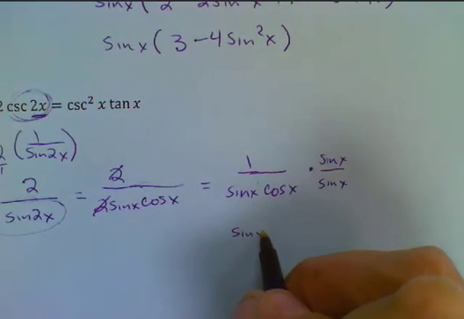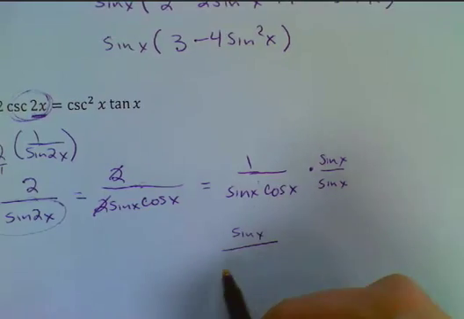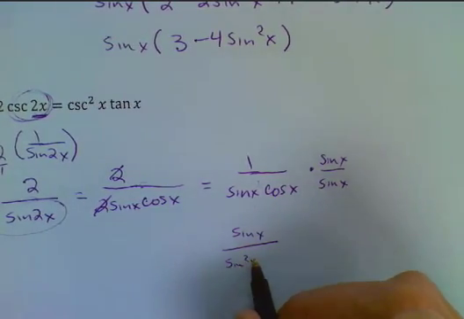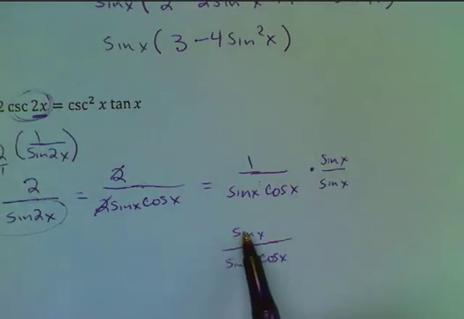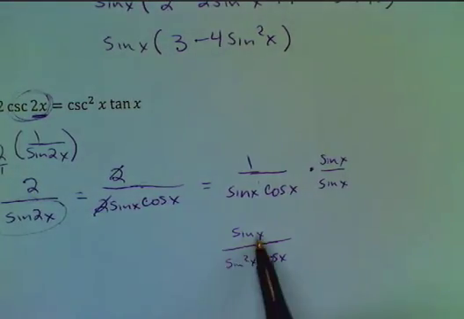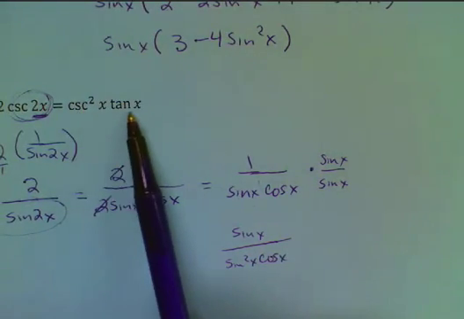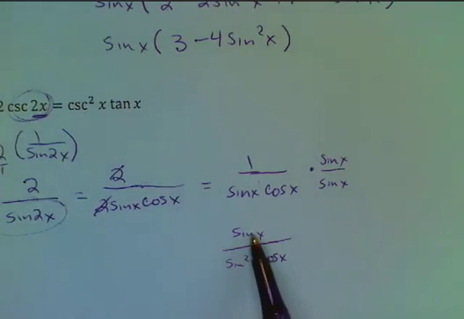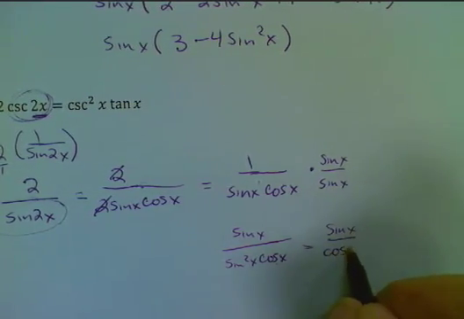So I get the sine of x over, down here I'm going to get sine squared times cosine. Now remember, I don't want to cancel out the signs because then I just get right back to where I started. So I'm looking at where I'm trying to get to. So if I break this up and say, okay, I'm going to take the sine over cosine, I'm going to put that separate because that's tangent.